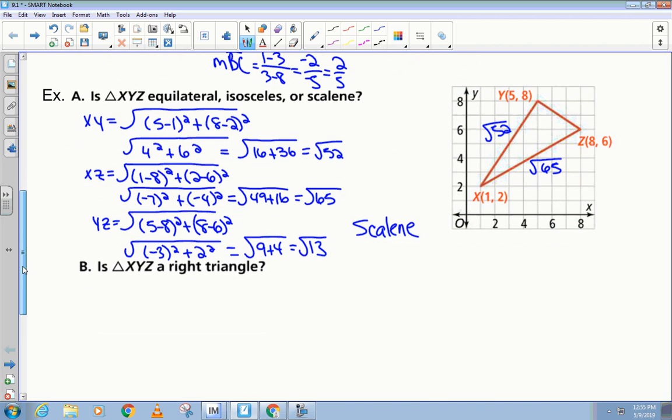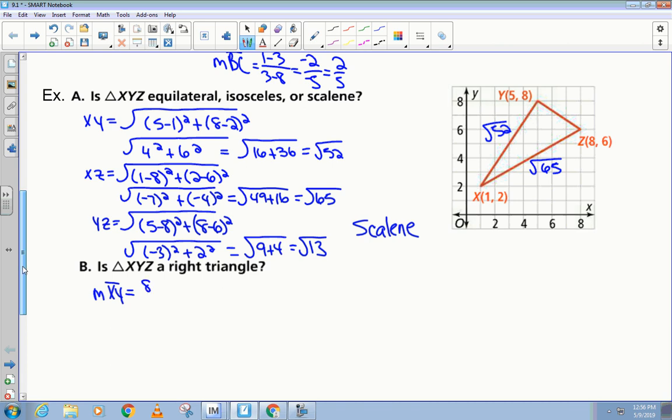Okay, now I want to know, is this a right triangle? So what am I going to have to look at? I'm going to have to look at slope. Okay? So, let's see. Slope of XY. I would subtract the y's, put them on top.